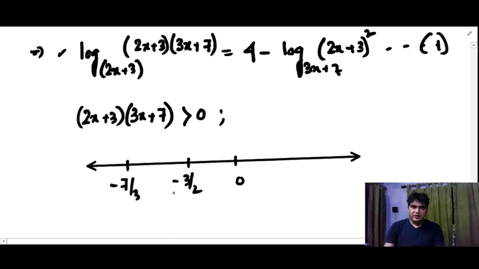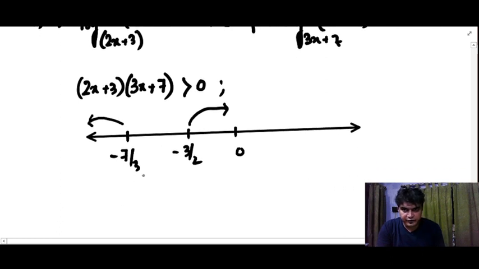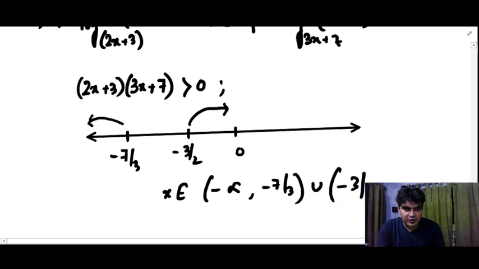As the product is greater than 0, x will be less than minus 7 by 3, or it can be more than minus 3 by 2. So the value of x belongs to the interval minus infinity to minus 7 by 3 union minus 3 by 2 to plus infinity.